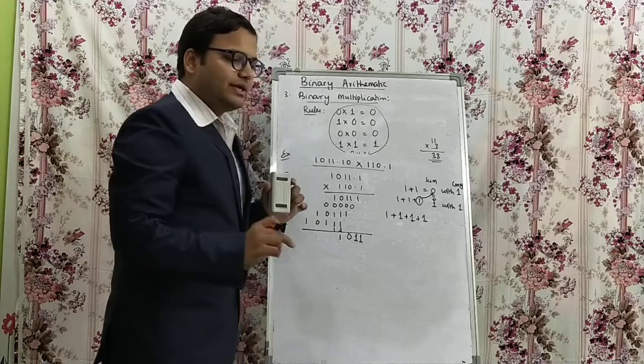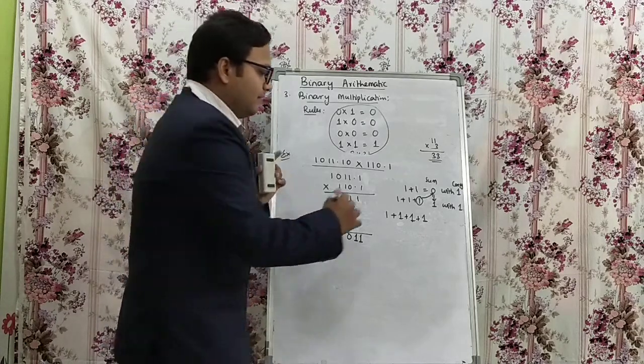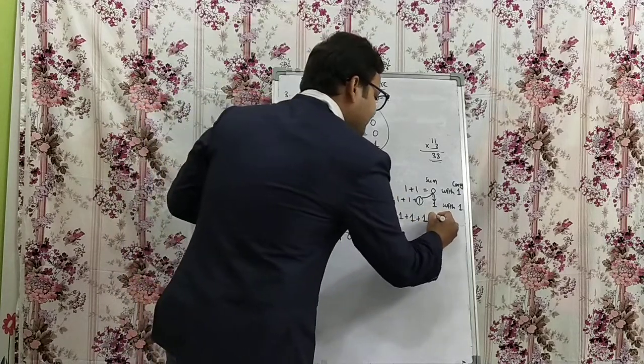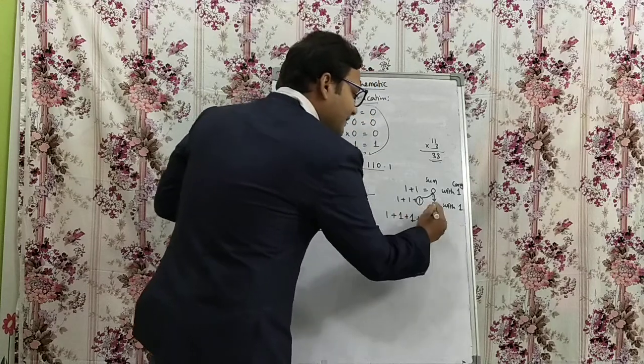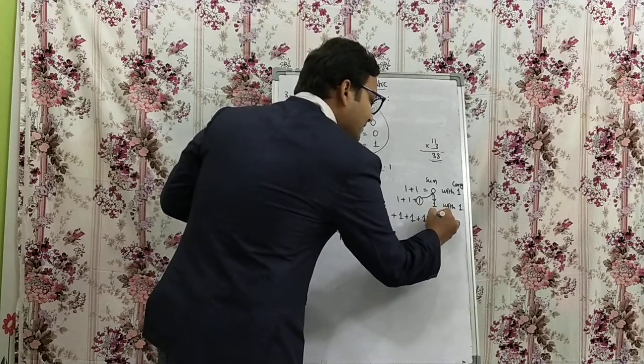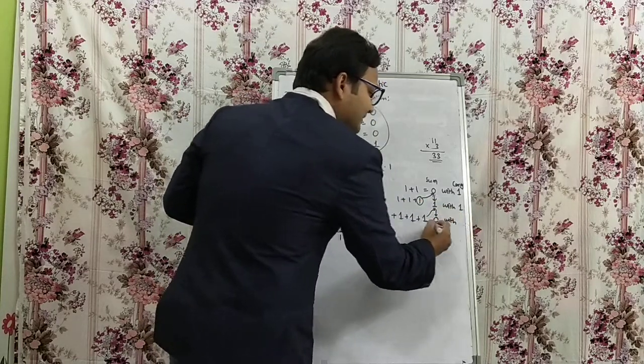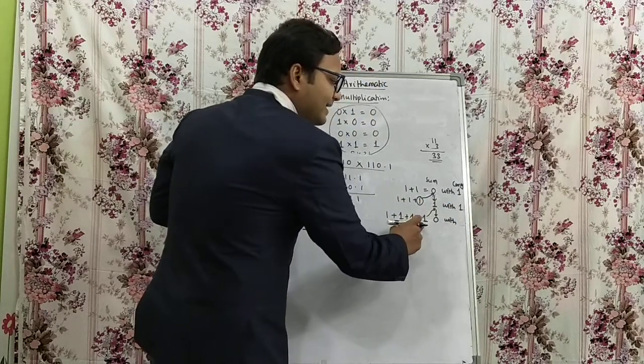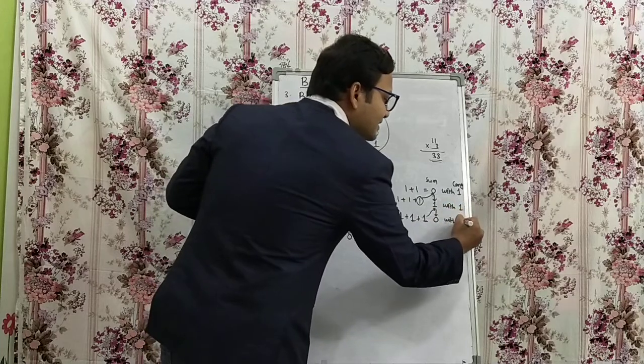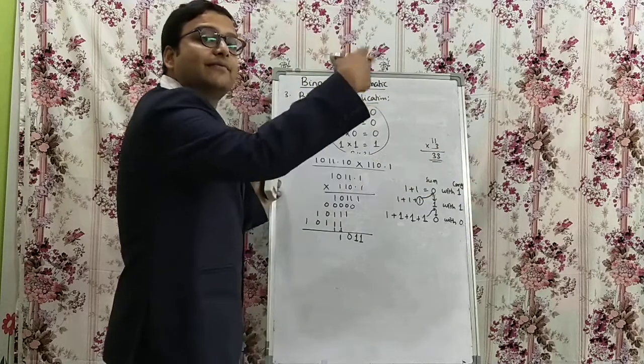So see here, what you can do, this is 1, this one will add here, 1 plus 1, 0, with this will be 1, carry will go over here and add 1 plus 1, 0, with carry of carry.